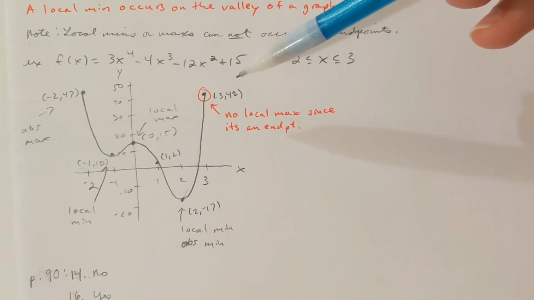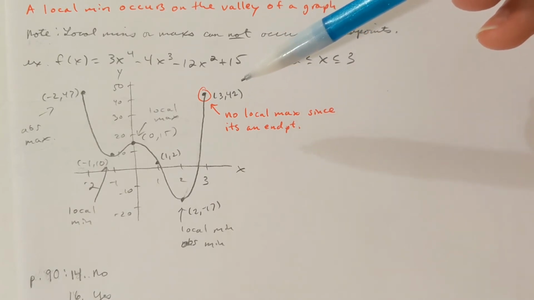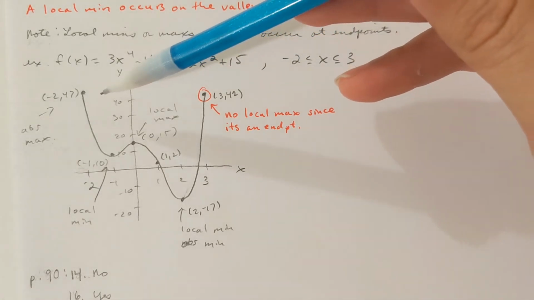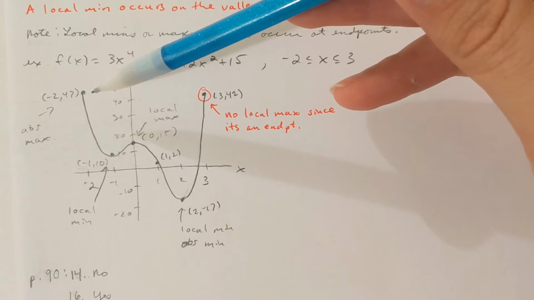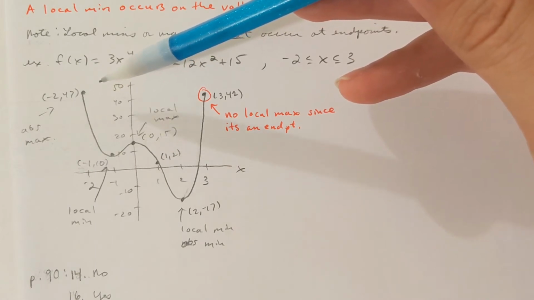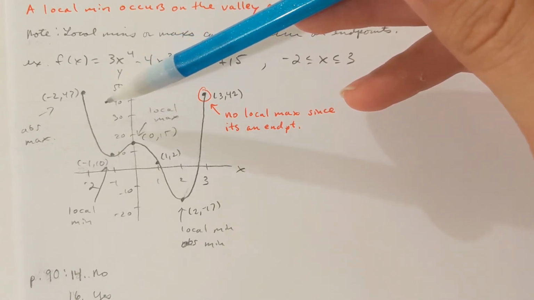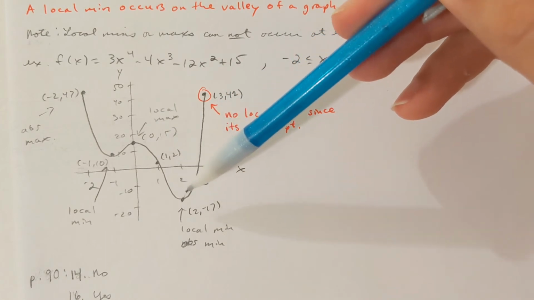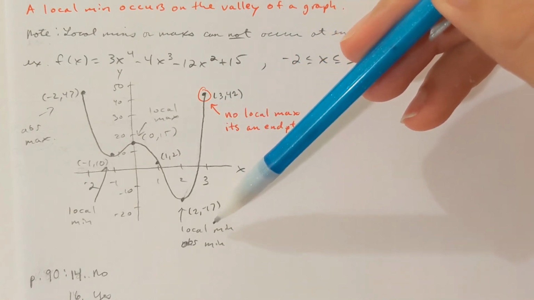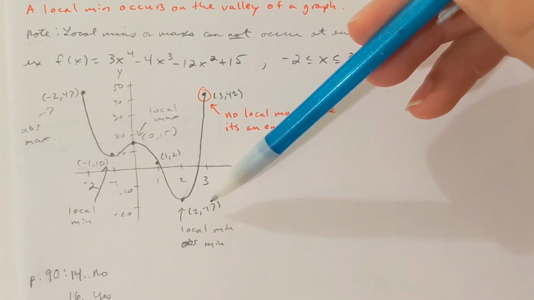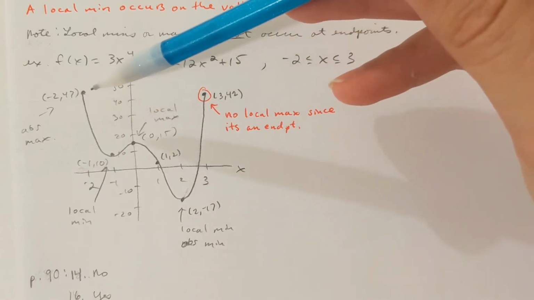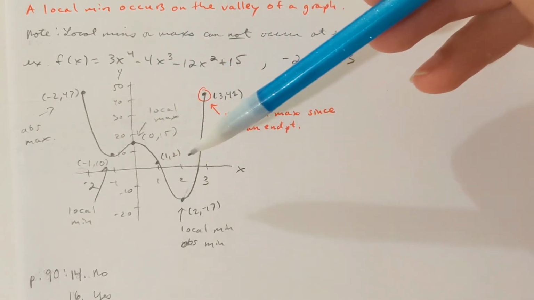So where do I have local or absolute extrema? Well, there's an absolute max right here at negative 2, 47. And there's an absolute min at 2, negative 17. That's the absolute highest and lowest points on the interval.